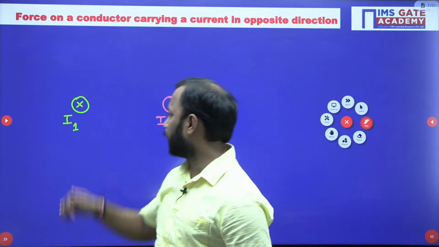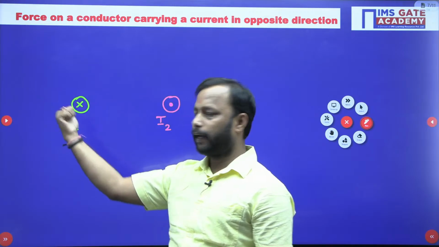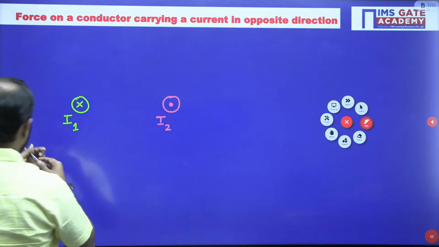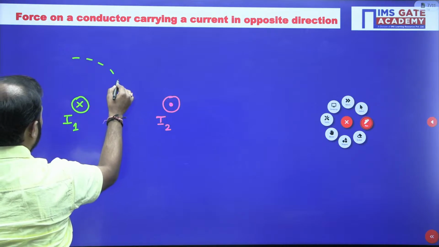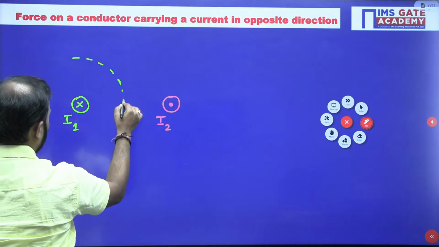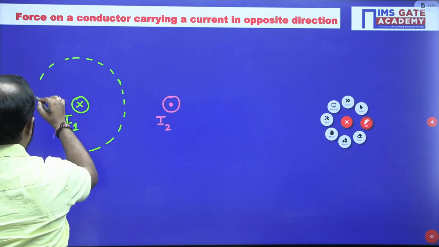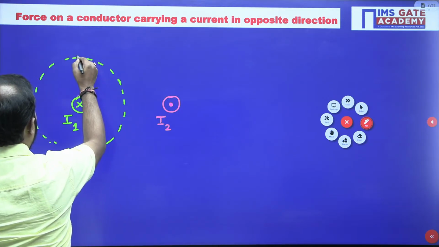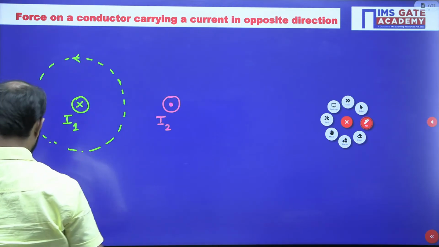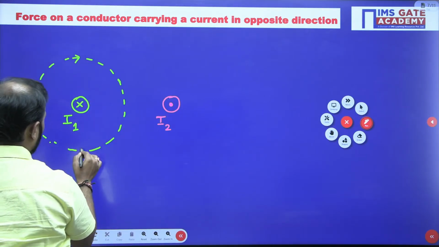Okay, so what is the magnetic field? Since this time the current is inward, it is clockwise direction. So here the magnetic field is, sorry, it is clockwise, this time it is clockwise.